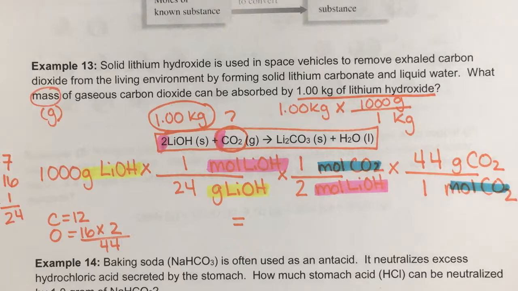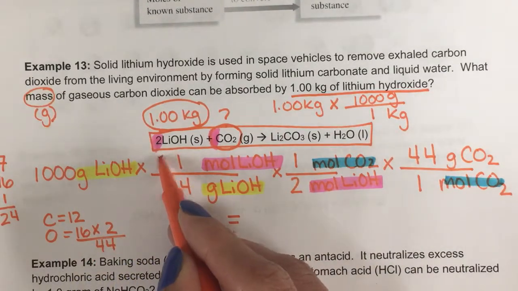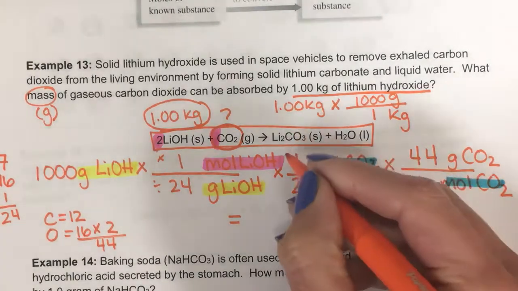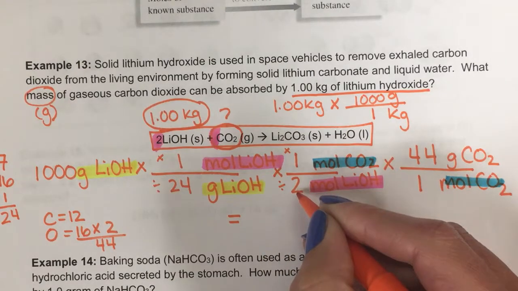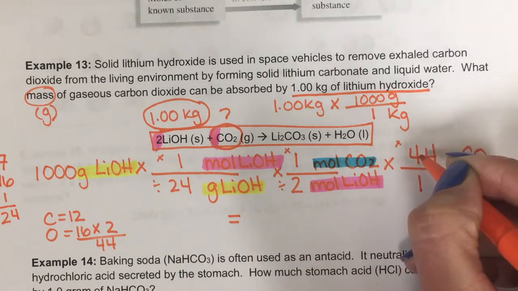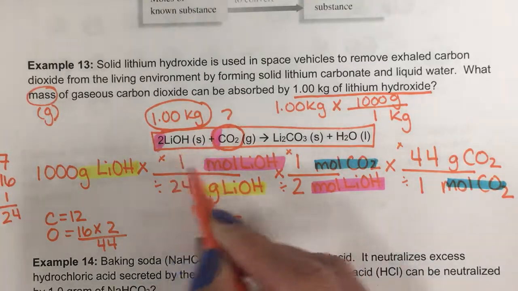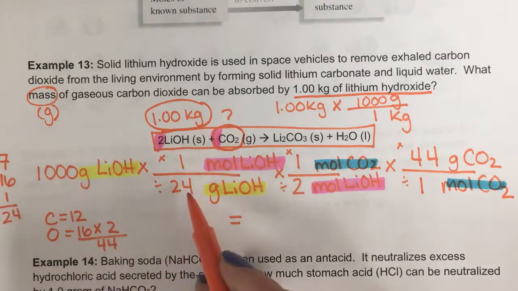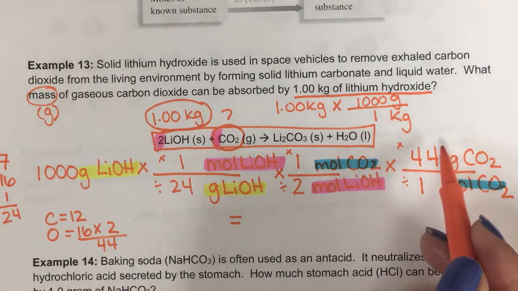When I plug this into my calculator, 1,000 times 1 divided by 24 times 1 divided by 2 times 44 divided by 1. I can ignore all of the ones because they're not going to change my number. So 1,000 divided by 24 divided by 2 times 44.